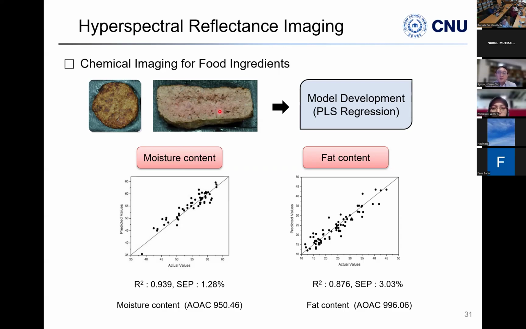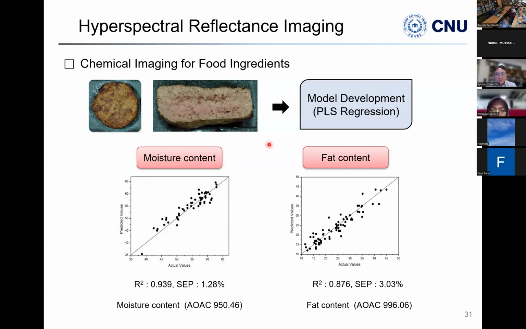High fat. But we don't know exactly. We try to estimate water content and fat content using spectral information. Using hyperspectral images, we can spectrally analyze this area like chemistry.